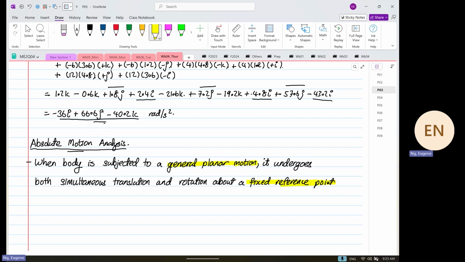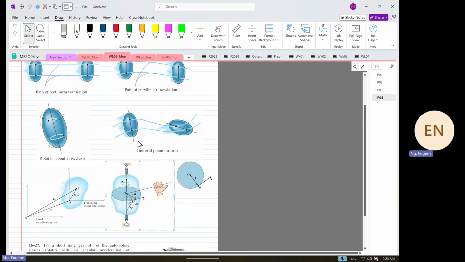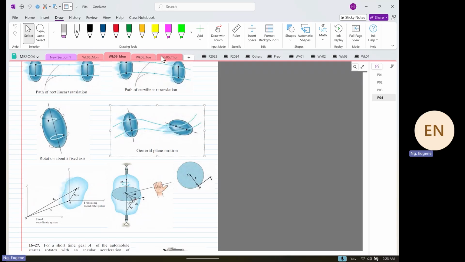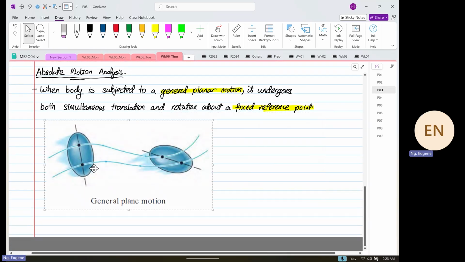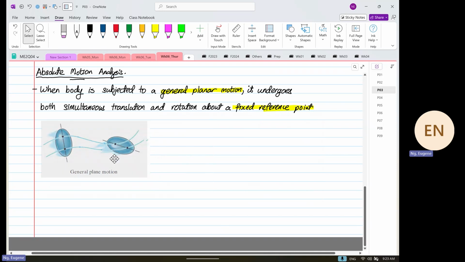General planar motion. So I'm going to show you what general planar motion looks like. It's something like this. So if you want to refer what we mean by general planar motion, this is what general planar motion can look like.